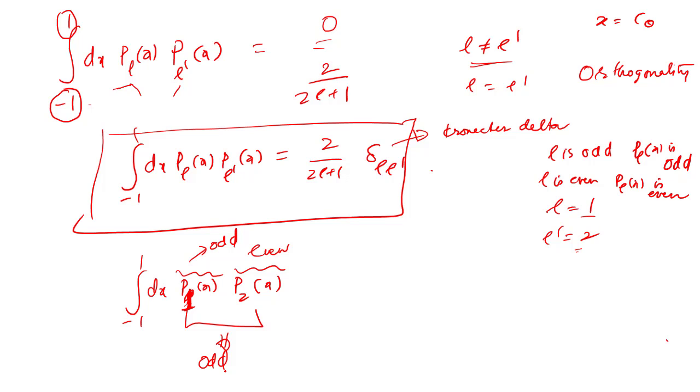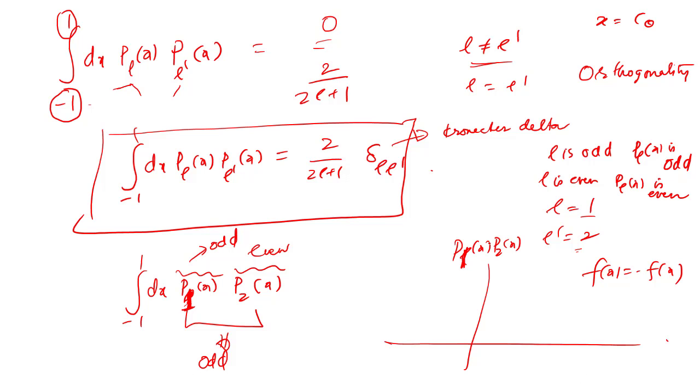So if I plot P1 of x times P2 of x, the product is an odd function because P1 of x is odd, so it's like saying negative times positive gives you negative, right? So odd times even gives you odd. So f of x is equal to minus f of x. That's the definition of an odd function.